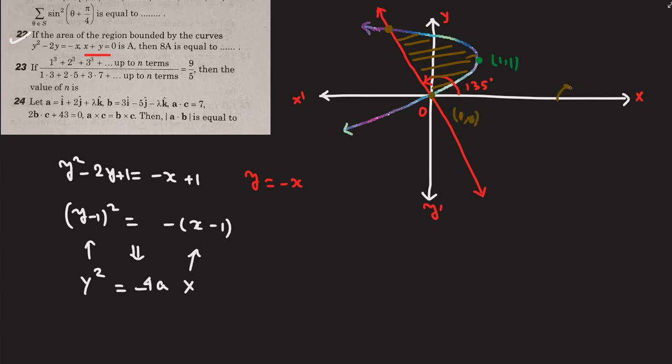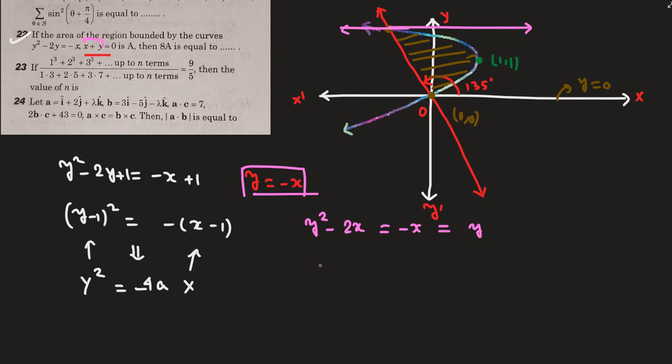So on the y-axis, x equal to 0. One line I have is y equal to 0, and another line we can draw from here. Let us calculate the equation of this line, and find where they intersect. First of all, y square minus 2y equals minus x is the equation of the parabola, and minus x is nothing but y.